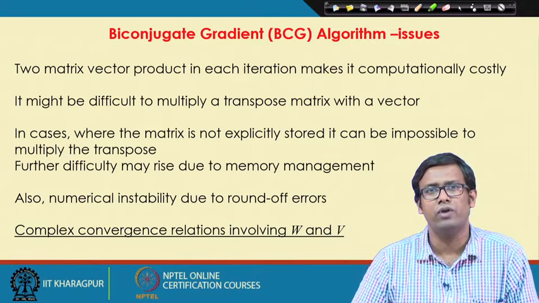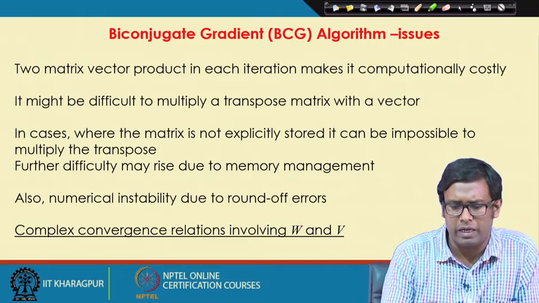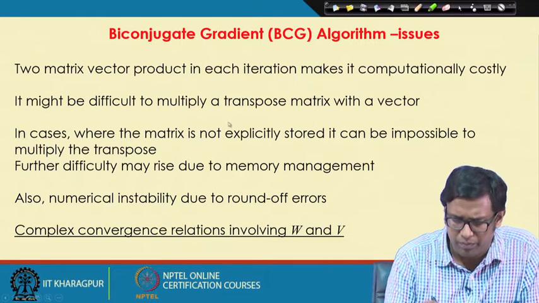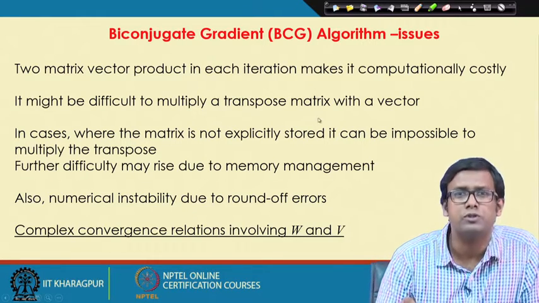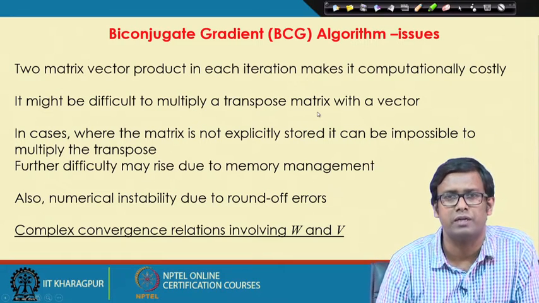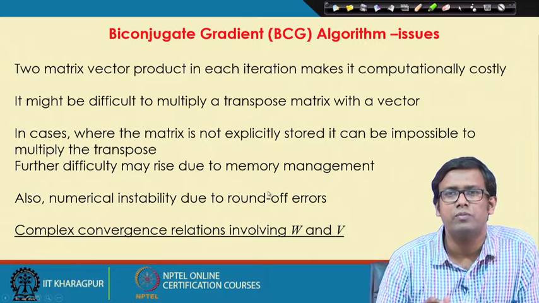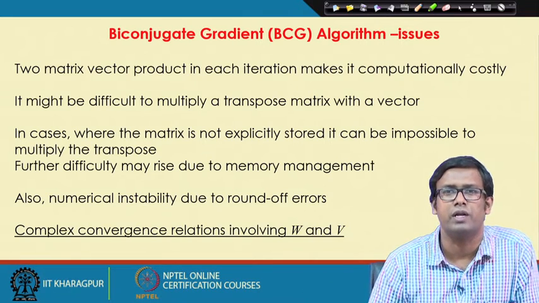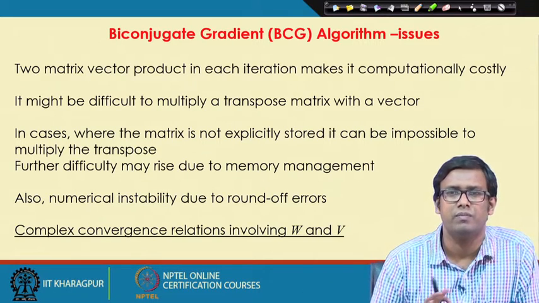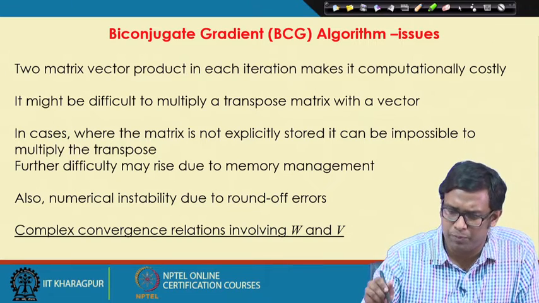So, we have to see how we can get away with the transpose matrix and vector multiplication part, as well as how we can reduce the round-off error, so that one matrix vector product is decoupled from another matrix vector product, they are never multiplied together in a sense.